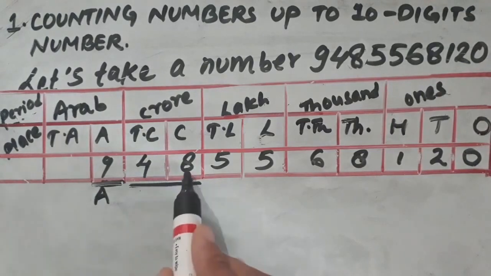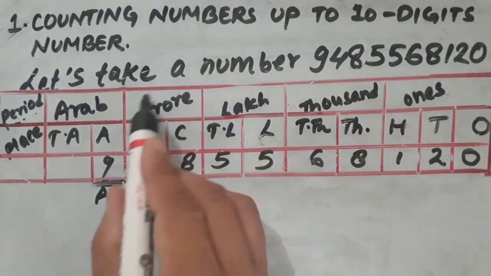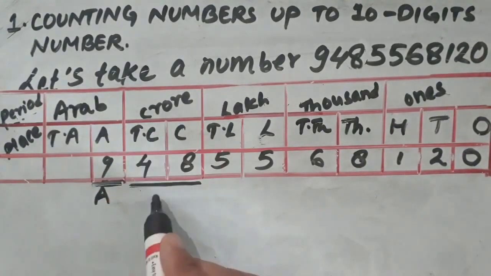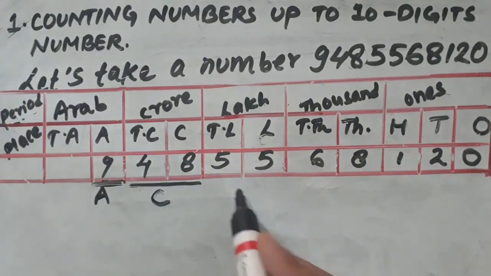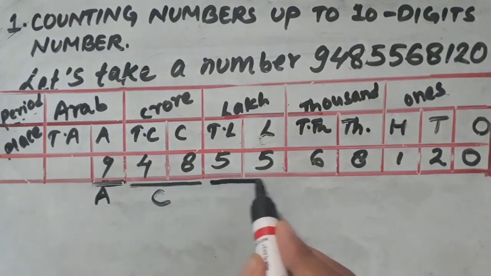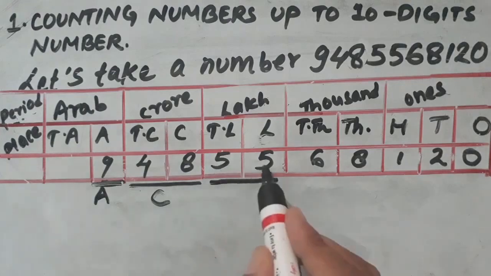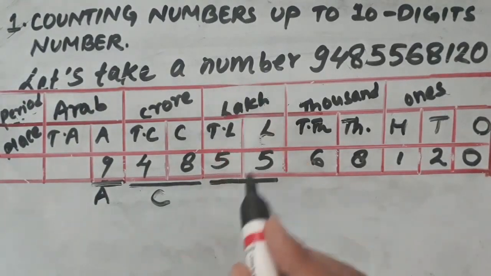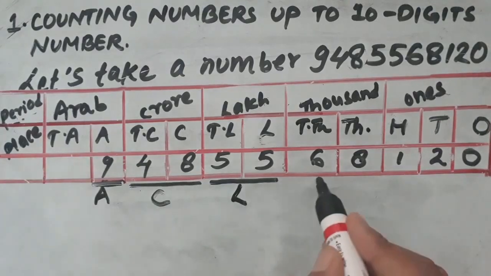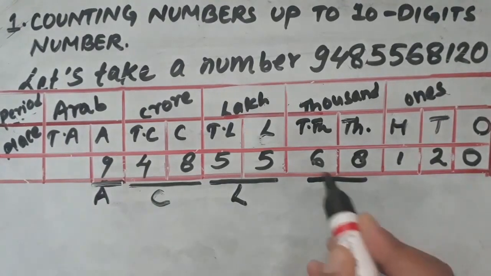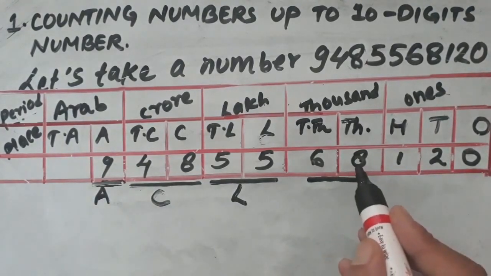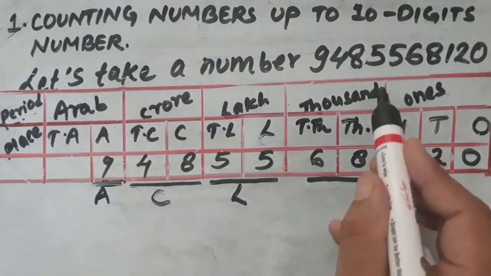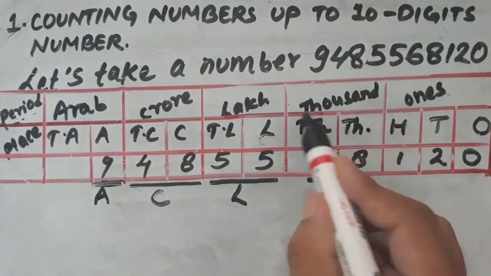Now students, let's see this 4 and 8. This 4 and 8 both come under the period of crore. So let's write C. Similarly students, here we can see both the 5. Both the 5 come under the period of lakh. So let's write L. And similarly students, this 6 and 8. 6 and 8 come under the period of 1000.